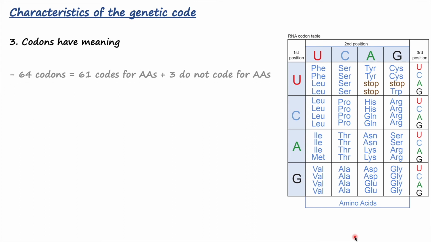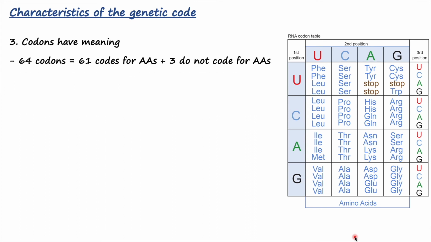Now, third, codons have meaning. What I mean by that is we saw before that there are 64 codons, and out of 64, 61 codons code for amino acids, and 3 codons do not code for any amino acid. And why? Because if you see here, there are 3 codons indicated by stop.